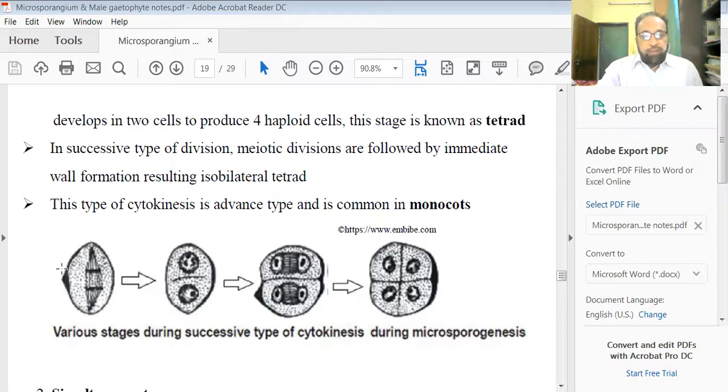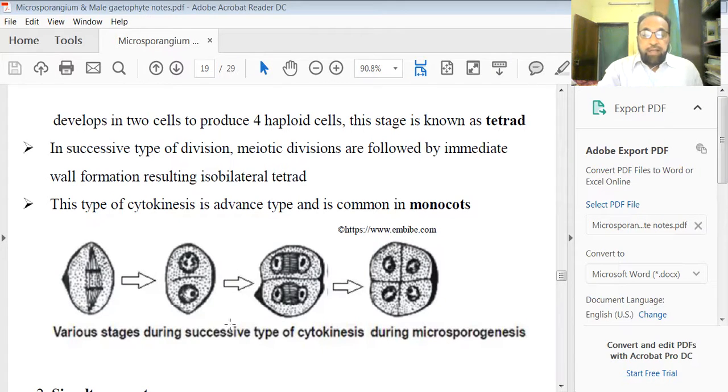This pollen mother cell undergoes meiotic division. Meiosis or meiotic division is a type of division in which a single cell divides and redivides and forms four cells. This single cell is a diploid one, and the four cells formed are haploid. In this way, the single cell divides, initially forming two cells.